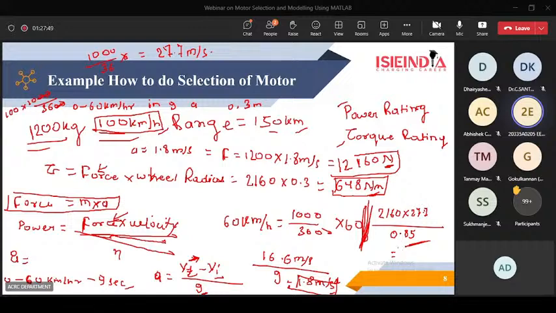Here, 703.9. That is the answer of 2160 into 27.7 divided by 0.85. So 703.9.